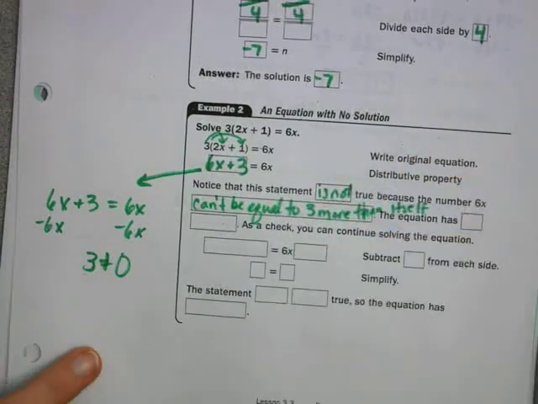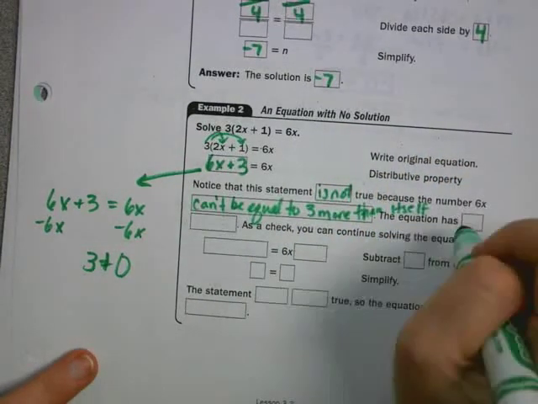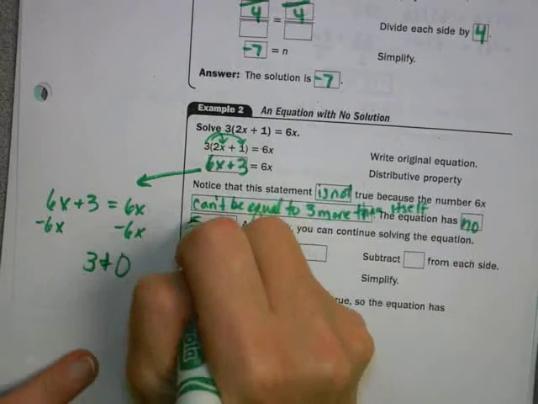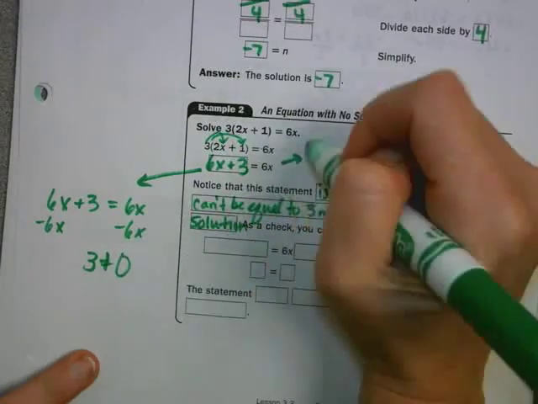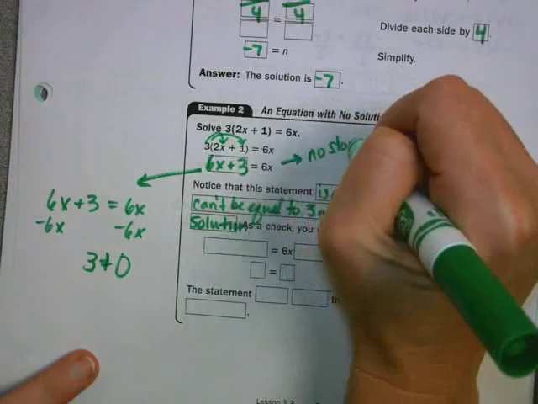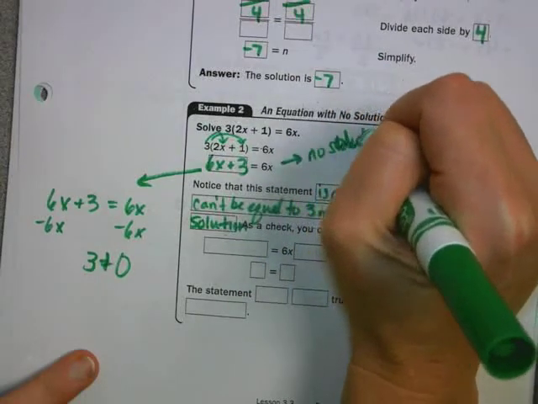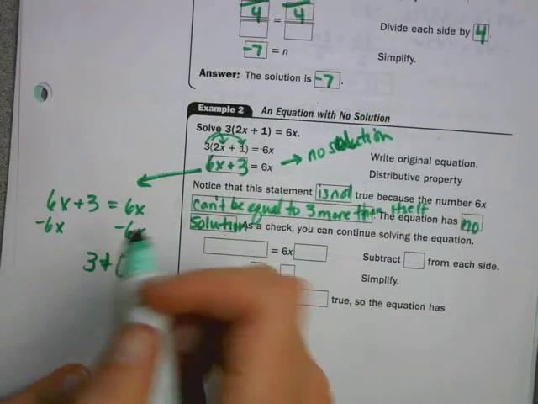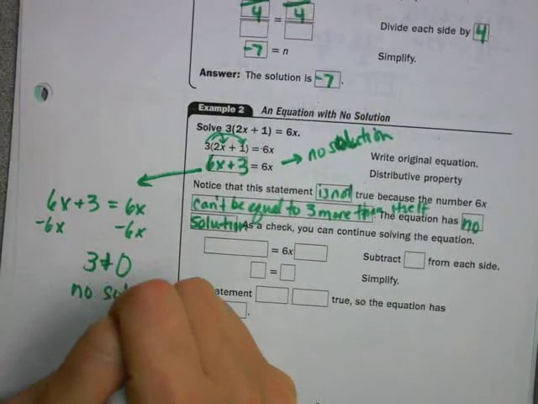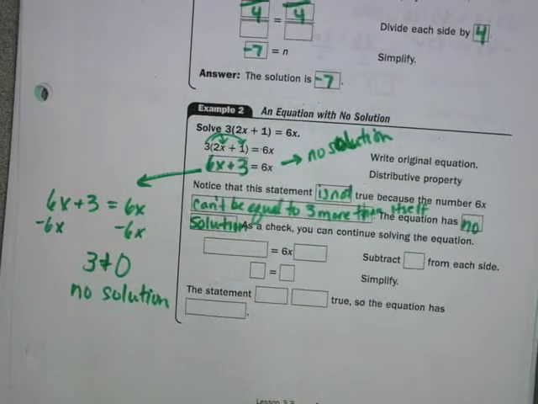Okay, the equation has no solution. So that is the answer. As soon as you get this, you could have said no solution. And if you didn't recognize it there, you would have recognized it here, and then you would have said no solution. So as soon as you recognize it's no solution, you're good.